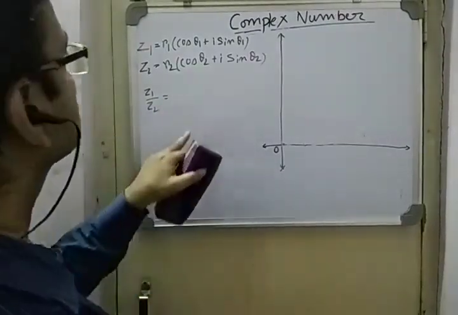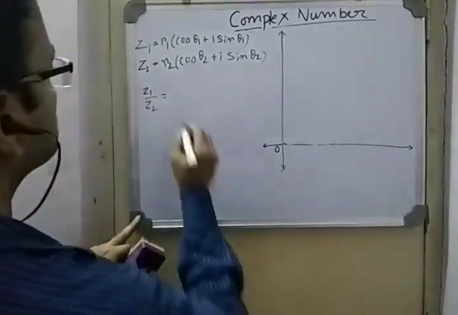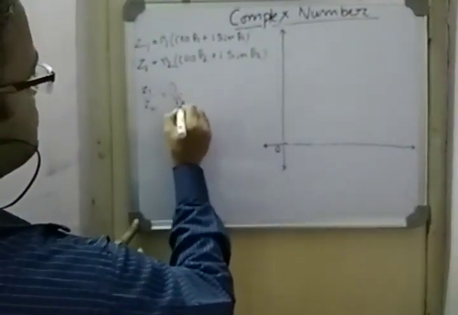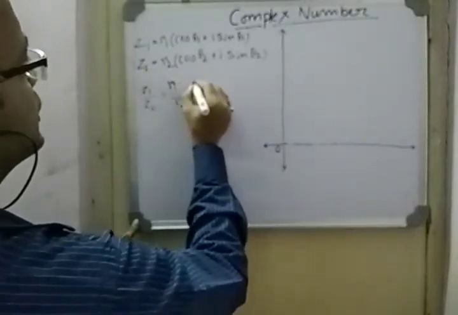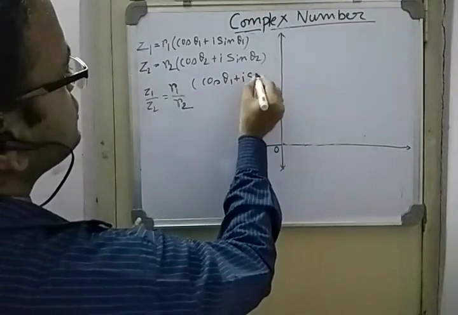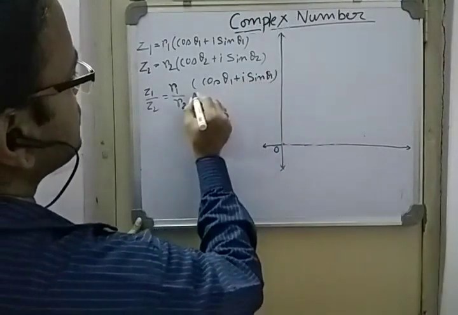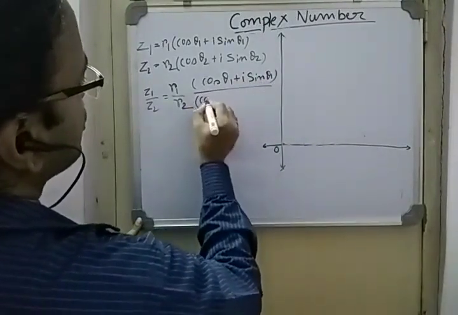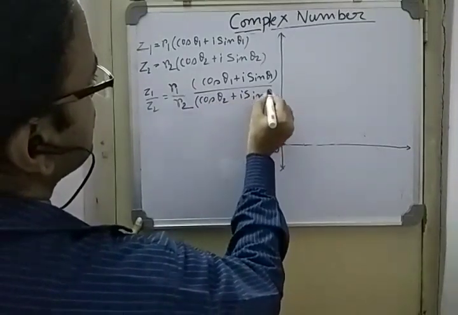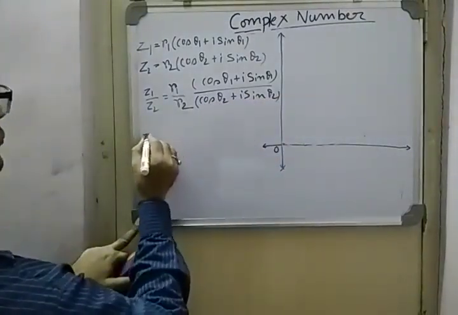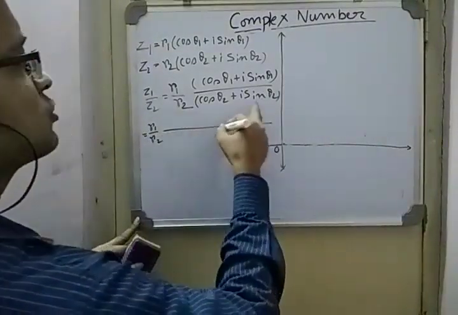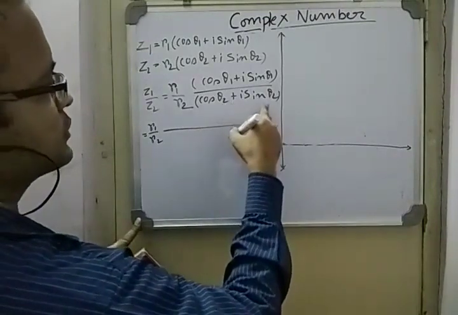I will calculate. It becomes R1 by R2 first, then cos theta 1 plus I sin theta 1 over cos theta 2 plus I sin theta 2. R1 R2 stays as it is. Its complex conjugate is cos theta 2 minus I sin theta 2.